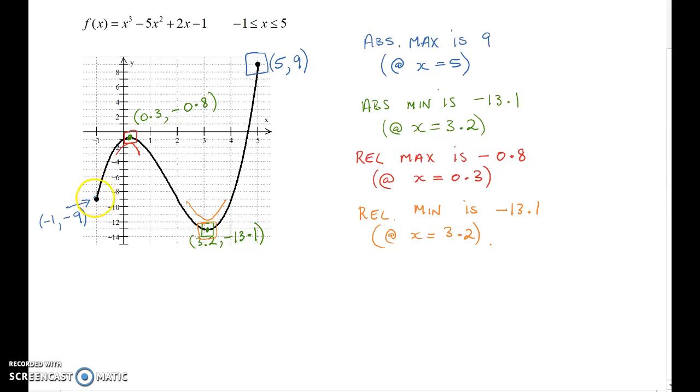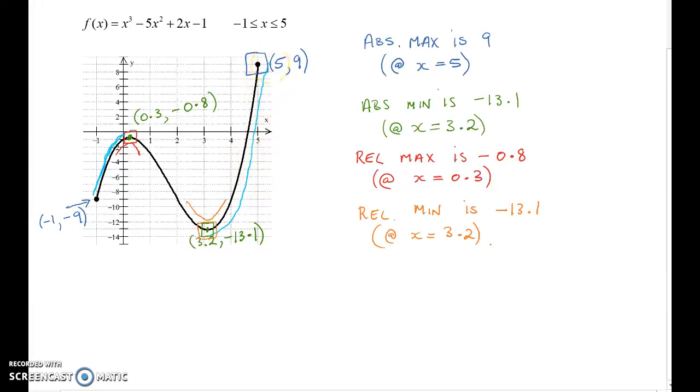As we look from left to right, it's climbing. That's what increasing means. Look from left to right, and if the graph climbs, then it's increasing. So it's increasing there, and it increases again here. Those are the intervals on which it's increasing.